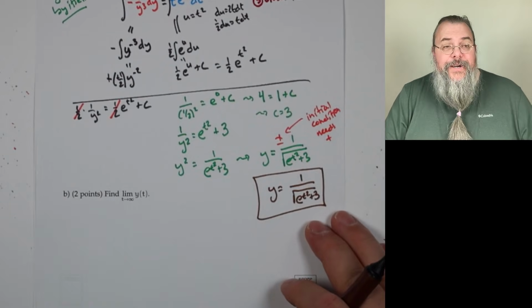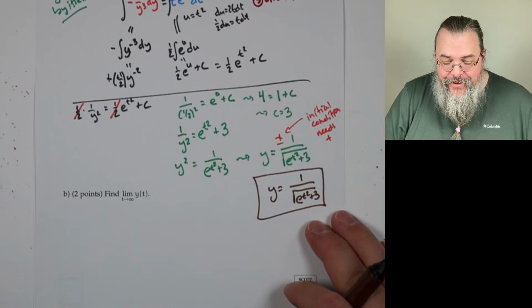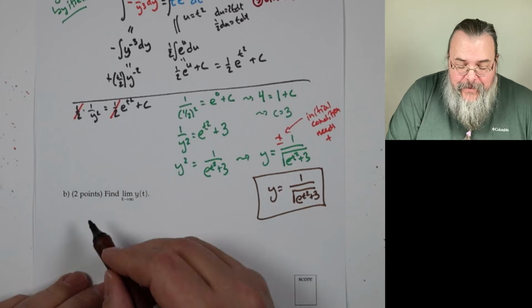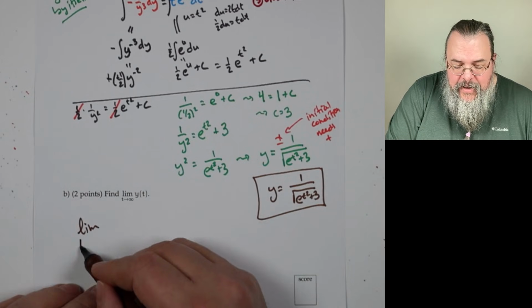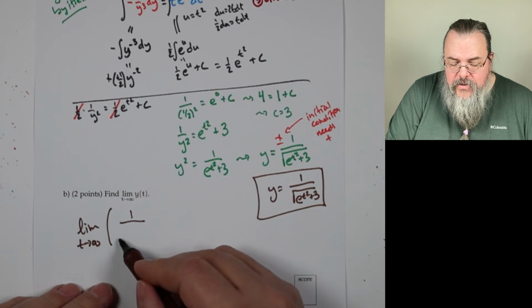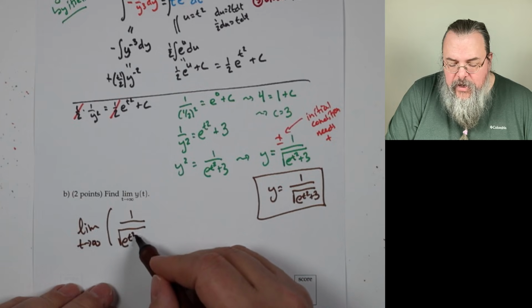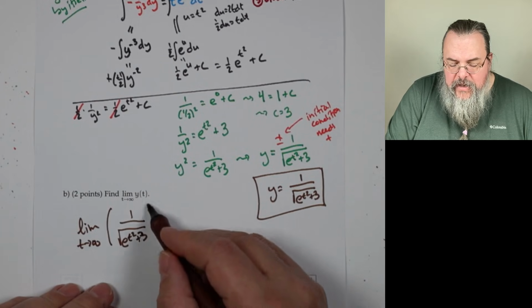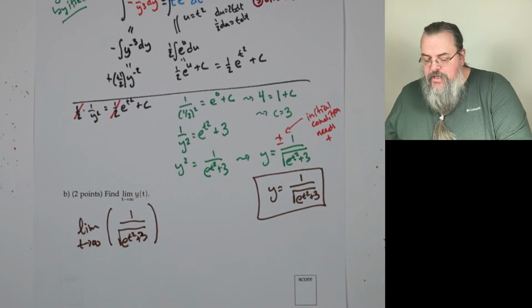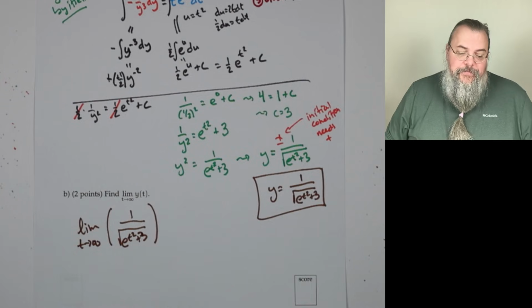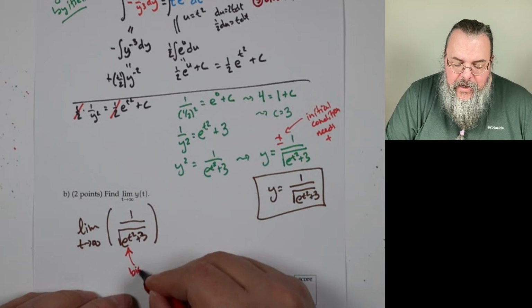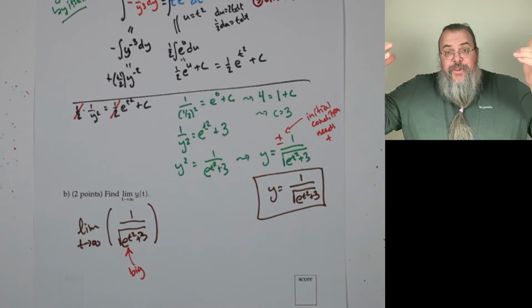Now, part B. Find the limit as t goes to infinity of y of t. Well, there's y of t. So we're saying find the limit as t goes to infinity of 1 over the square root of e to the t squared plus 3. And now, this is not meant to be complicated. We just say, let's think about it. What's going on? Well, this gets big because it's e to a big thing.